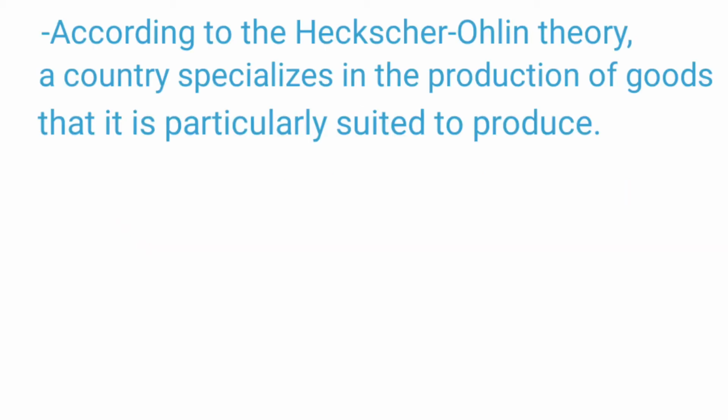And according to Heckscher-Ohlin theory, a country specializes in the production of goods that it is particularly suited to produce. So, countries in which capital is abundant and workers are few therefore specialize in the production of goods that in particular require capital.